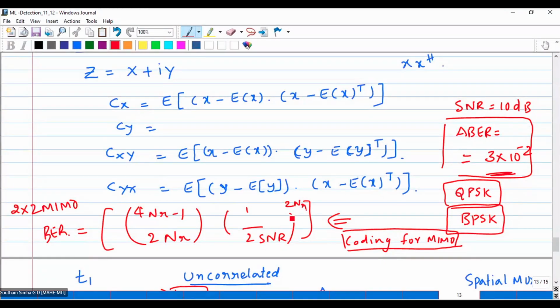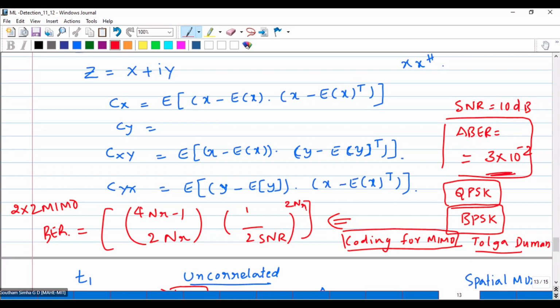I don't know whether 100% it will work or not, but this is the closed form BER: 4NR minus 1 choose 2NR into 1 by 2 SNR whole to the power of 2NR. The author is Tolga Duman. He is a very great man in coding for wireless communication and MIMO systems. I think you can refer to that. In that he has given, I think, a similar equation.